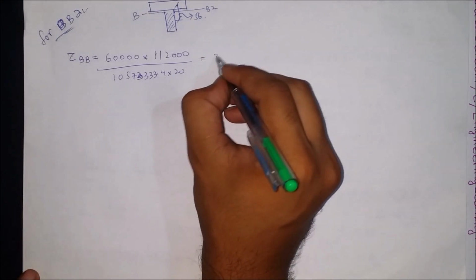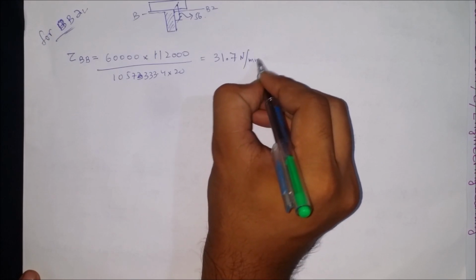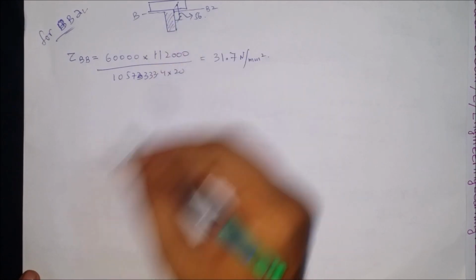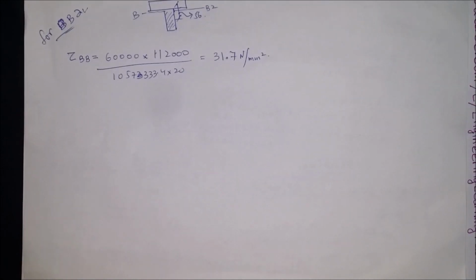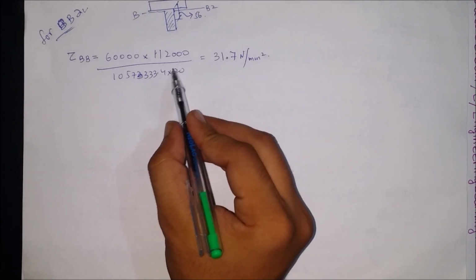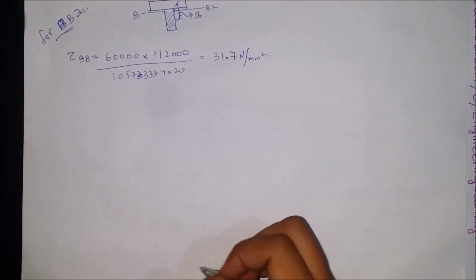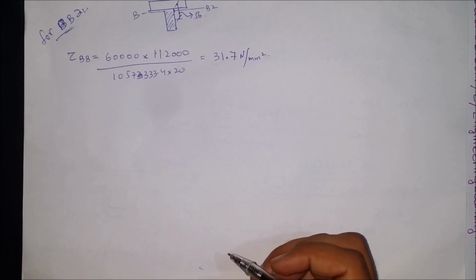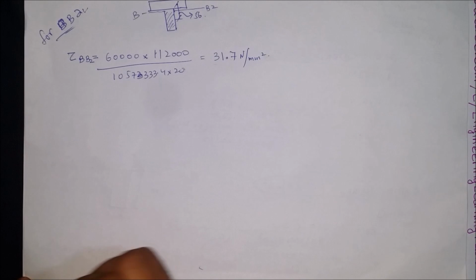So the value comes out to be 31.7 Newton per millimeter square. Since the area reduced, the stress drastically increased. The stress is inversely proportional to the area variable. As we have noticed, the thickness decreased, the stress drastically increased. So that was tau BB2.